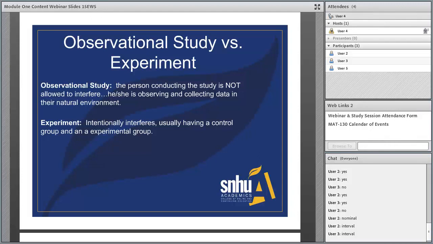Whereas in an experiment, you're intentionally interfering. Usually you have some sort of control group and experimental group. So let's say you wanted to know if a certain brand of juice was better than another brand of juice. In an observational study, people will just drink the juice on their own, and some of them will pick one, and some of them will pick the other, and you just observe what they pick. With an experiment, you would give one group juice A, and another group juice B, and then you'd compare how they rated it.